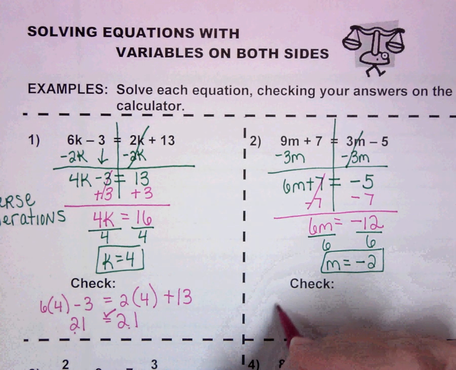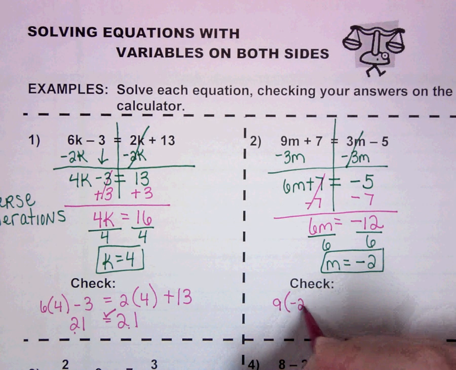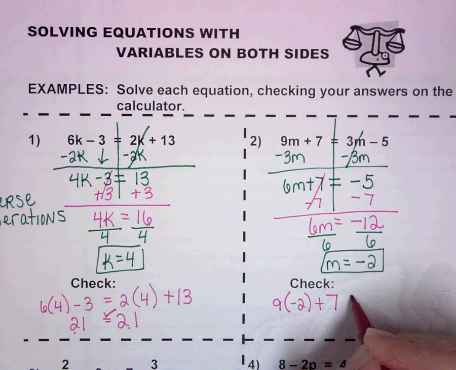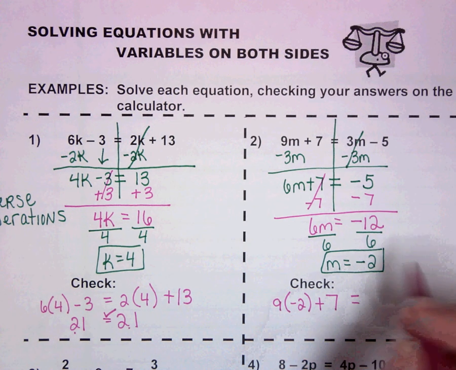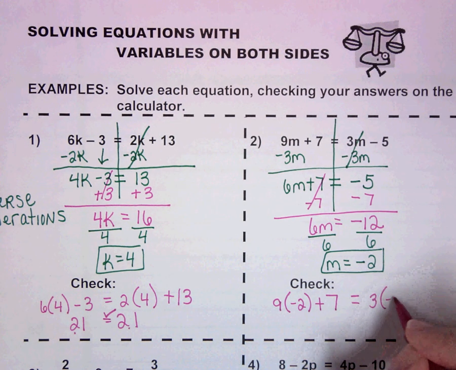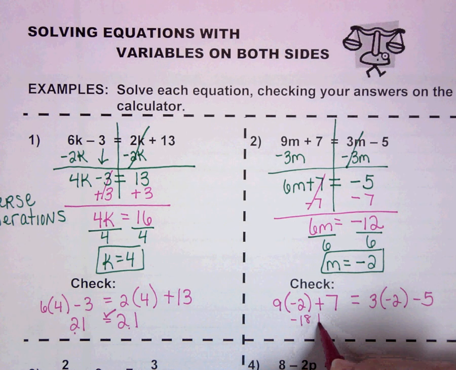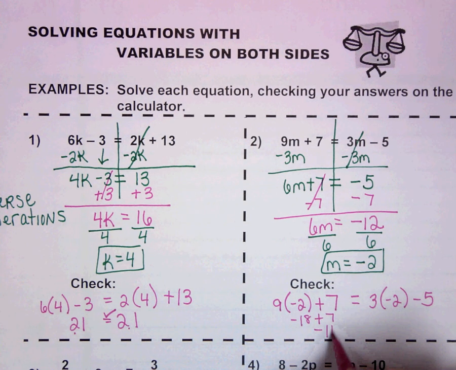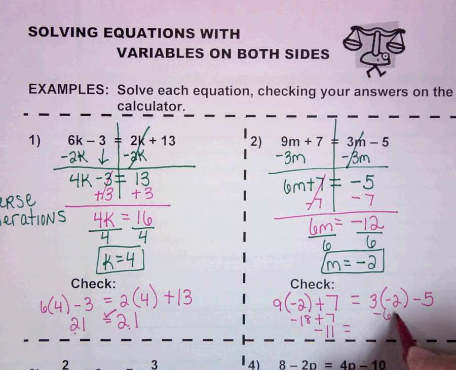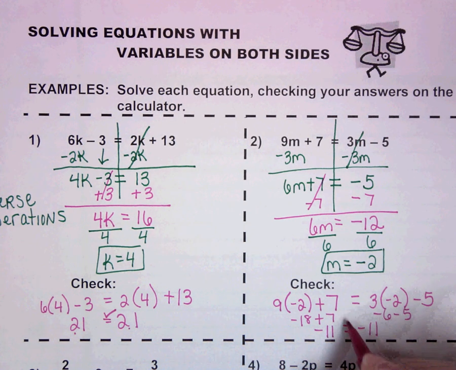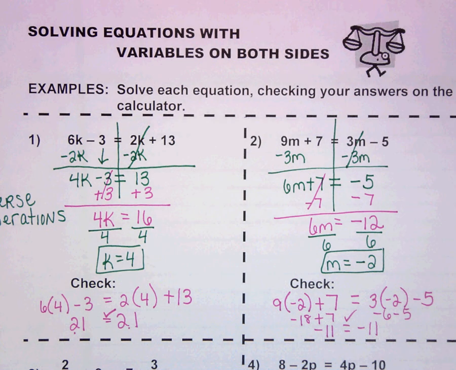Again, we can check this. 9 times negative 2 plus 7, and don't hesitate to pick up your calculator and do some calculating here. So negative 18 plus 7, that's negative 11. Negative 6 minus 5, yes, it's also negative 11, so we did it right.